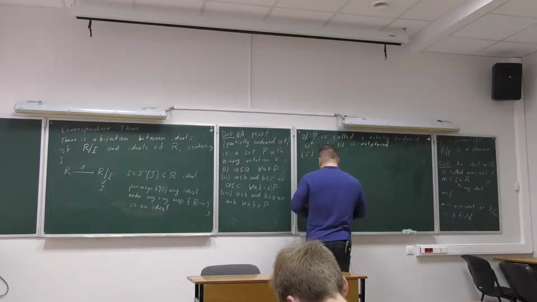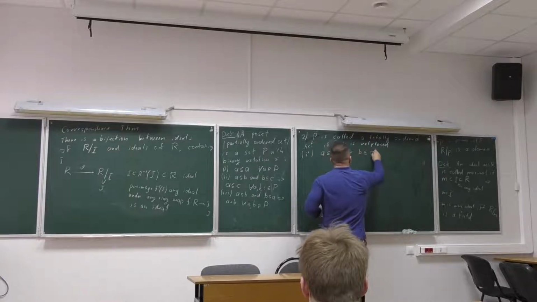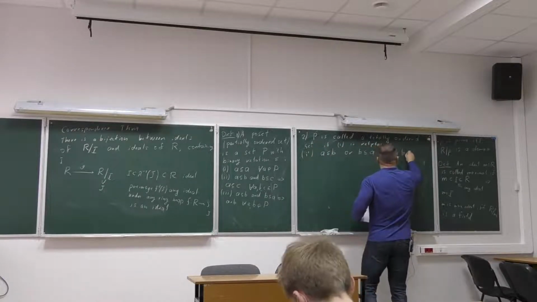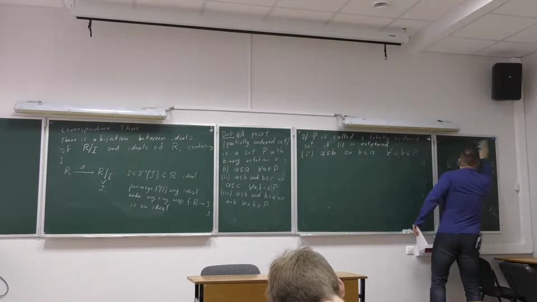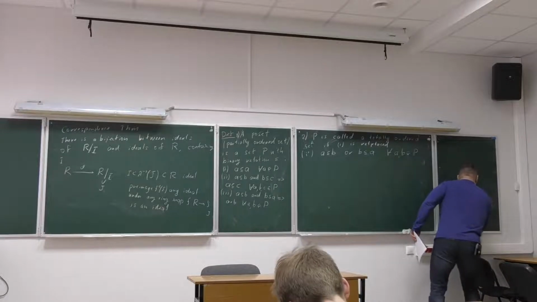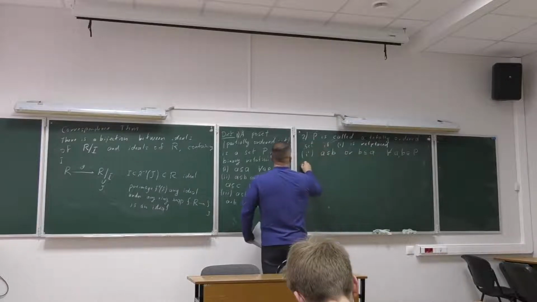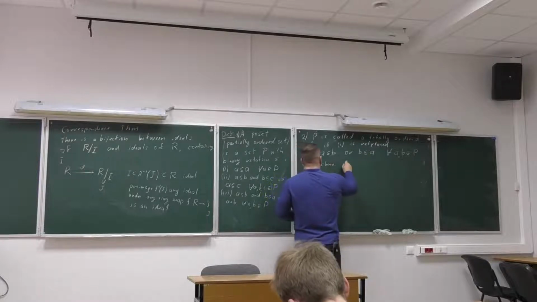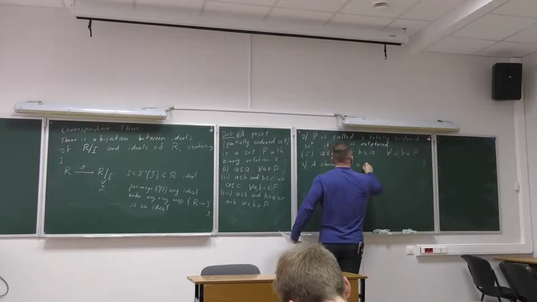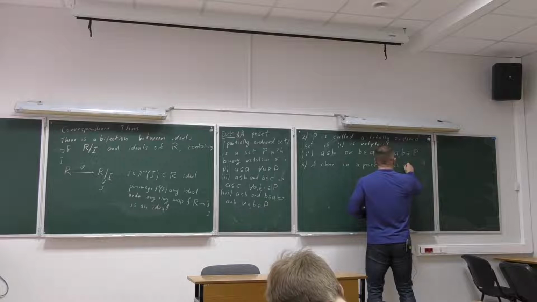This condition is a little bit stronger. It says that A is less or equal than B, or B is less or equal than A, and this has to be true for any A and B in P. And finally, the last part of this definition is the definition of a chain. A chain in a poset P is a totally ordered subset.